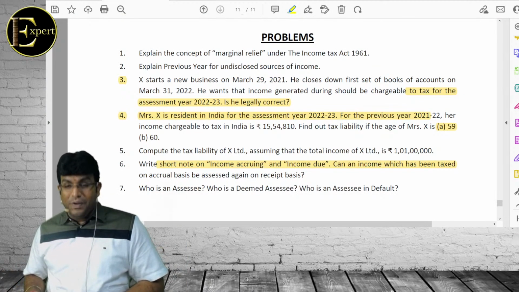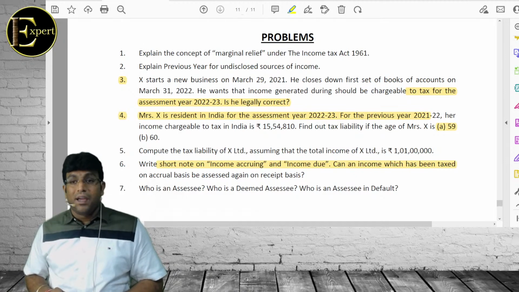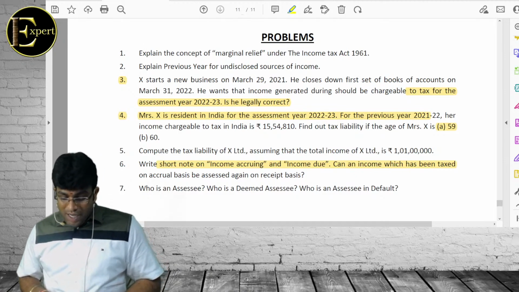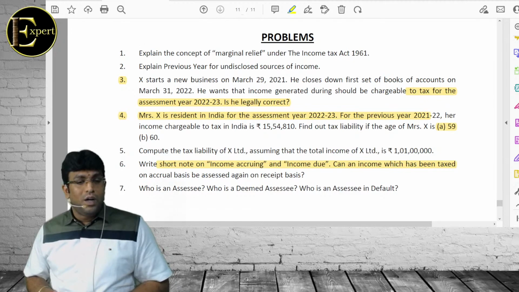See question number 5. Compute tax liability of X Limited. What does that mean? Company. Very good. Assuming total income is how much? 1 crore 1 lakh. You have done 10 crore 1 lakh, no?